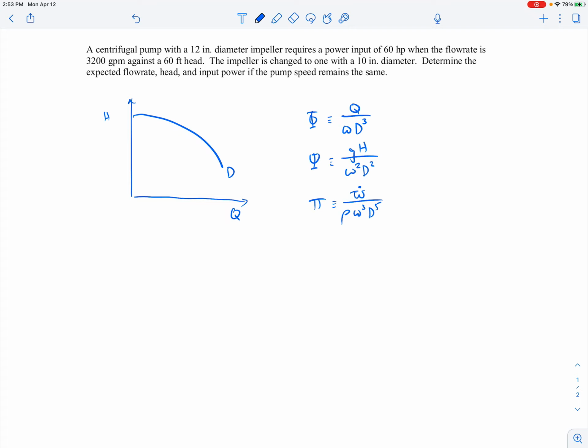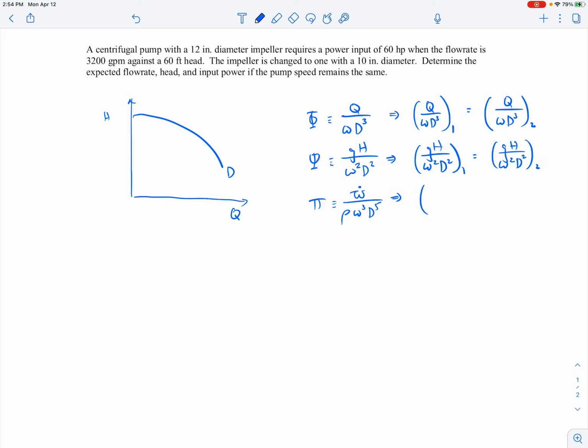So if we're going to do scaling, what we want to do is keep all of these parameters the same. So whatever this flow coefficient is for case 1, or system 1, it should be the same flow coefficient for system 2. We can do the same for the head coefficient. And we can do the same for the power coefficient.